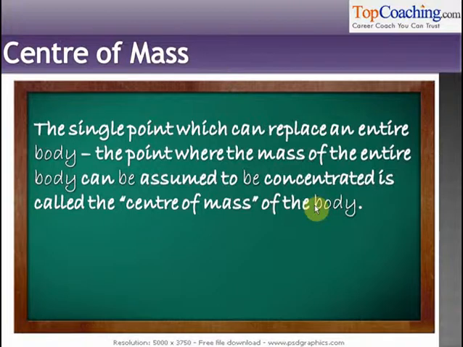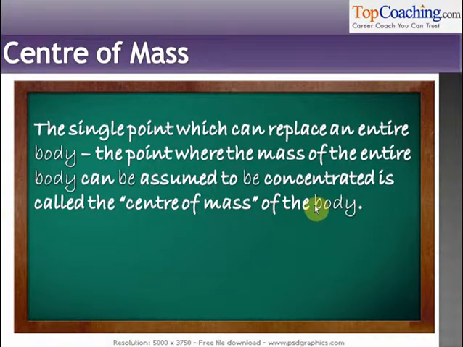You see, when there are rigid bodies like tables, computers, chairs, air conditioners and whatnot, it is very difficult to describe the motion of all these bodies by describing the motion of every point in the body. Like, it's very difficult to describe the motion of a table, or a huge block or a chair by describing the motion of every point on the chair or table or the block.